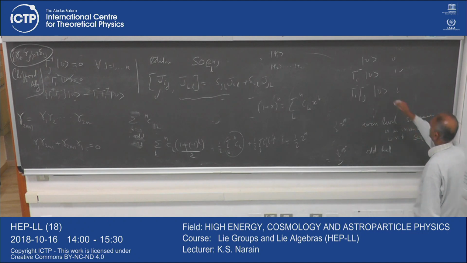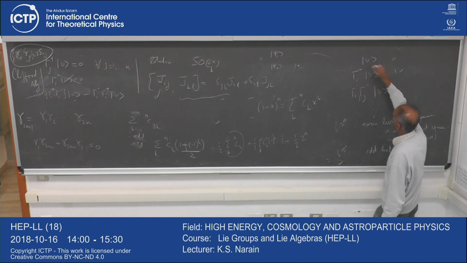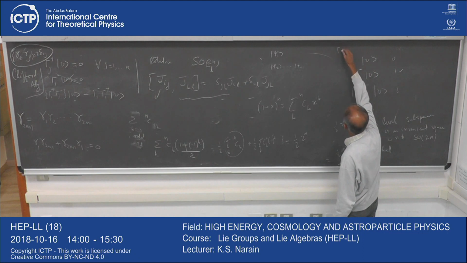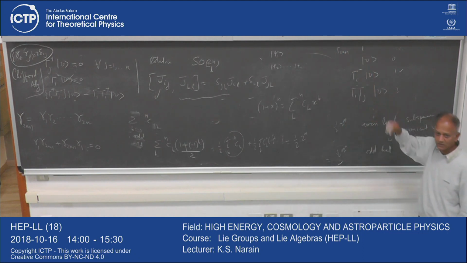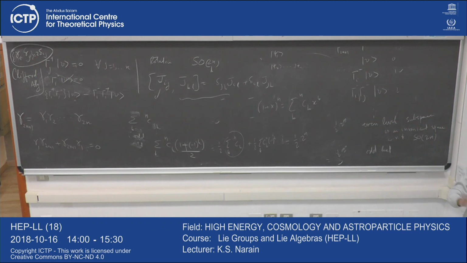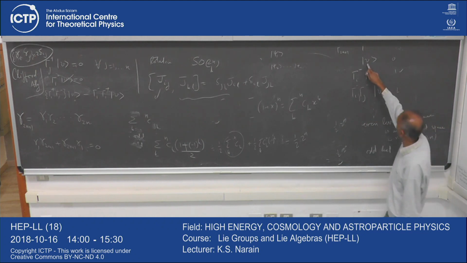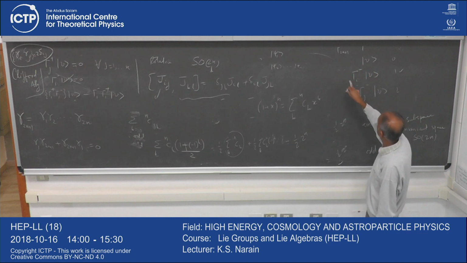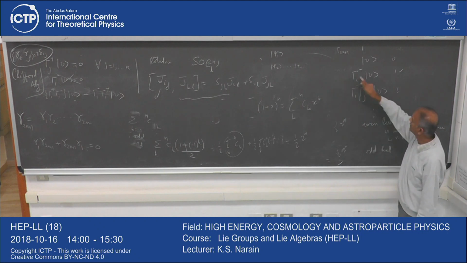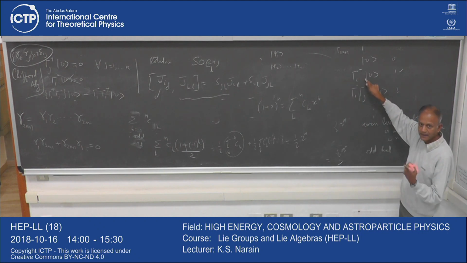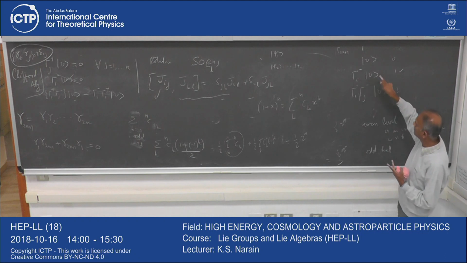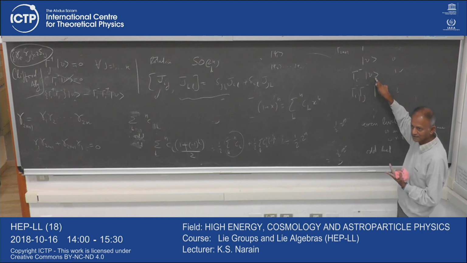Suppose I choose one of these states such that gamma 2n plus 1 has some eigenvalue, say plus 1. Choose plus 1. So suppose I started with this, one state where gamma 2n plus 1 is 1. Then if I apply gamma 2n plus 1 on this, what am I going to get? I move this gamma 2n plus 1 across and pick up a minus sign, then gamma 2n plus 1 acts here and gives a minus sign.